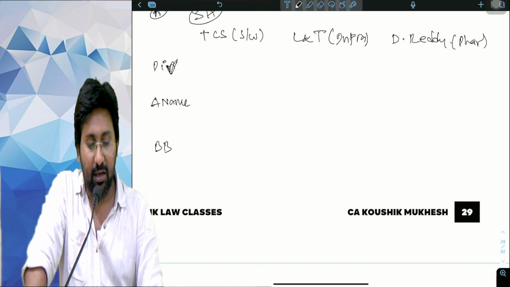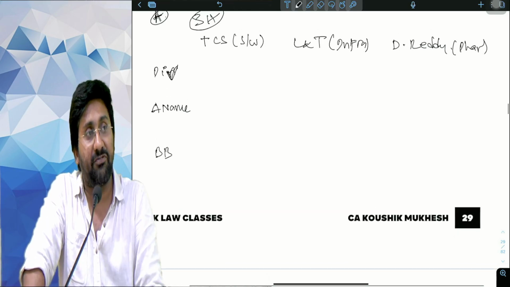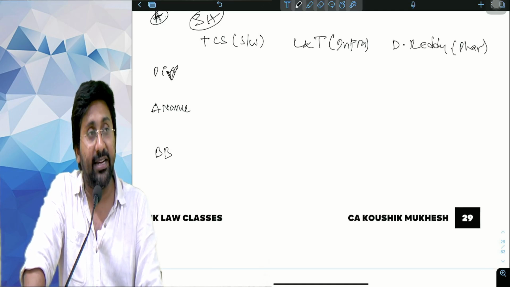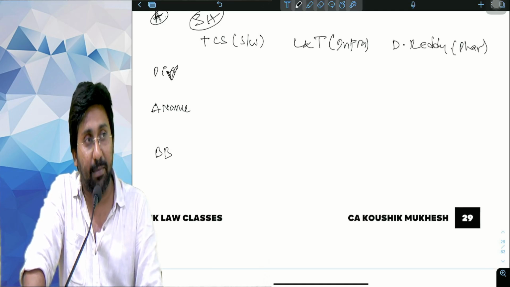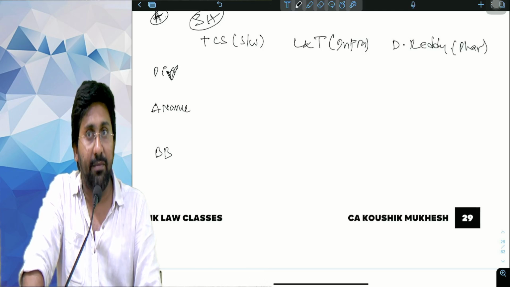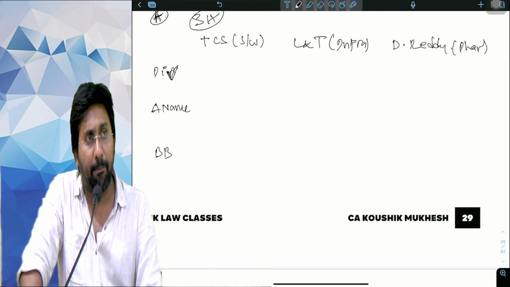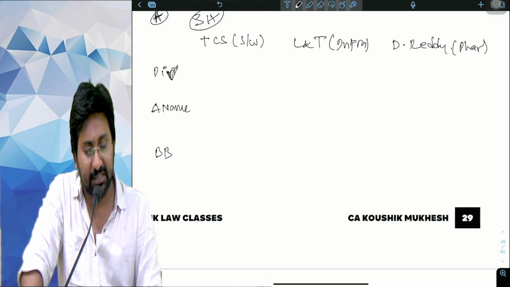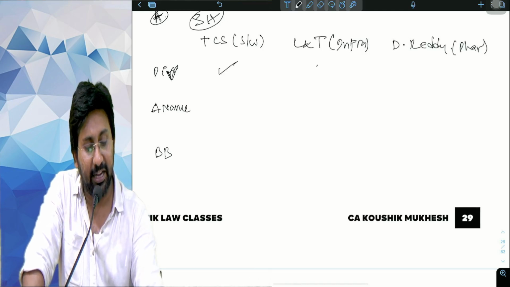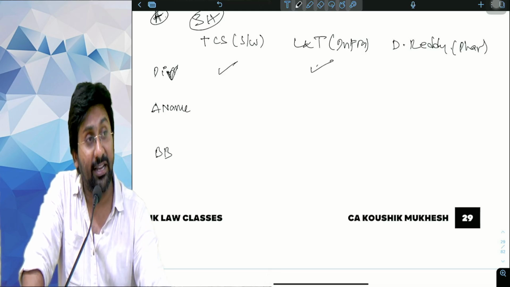Mr. A, being a shareholder of TCS, can he declare the dividend along with all the other members? Can Mr. A, along with other members of the company, also approve the dividends in TCS? In L&T? In Dr. Reddy's?